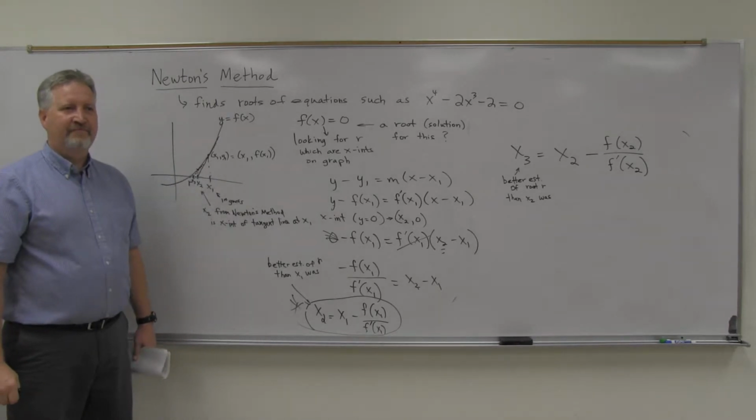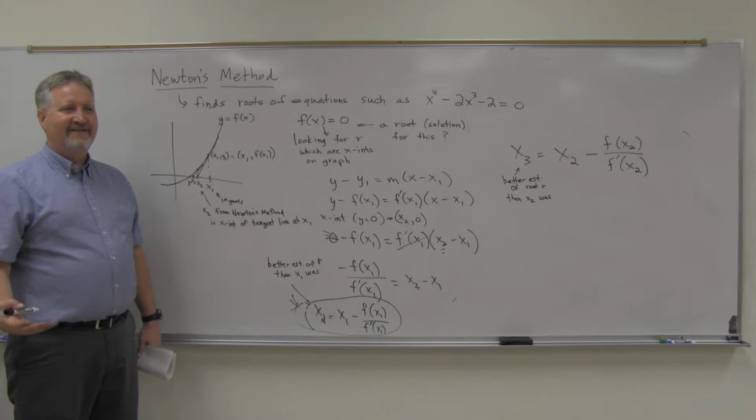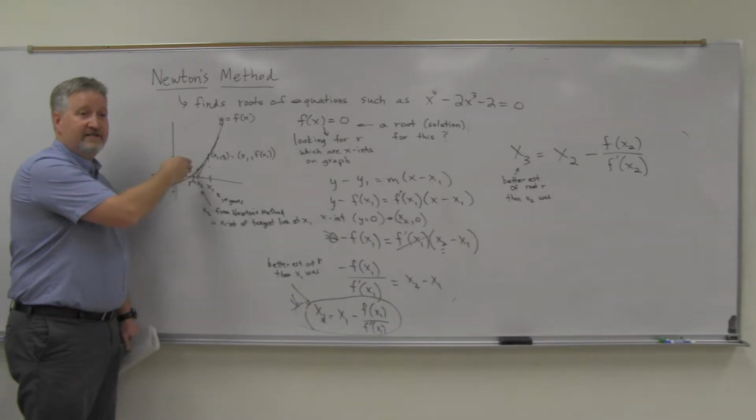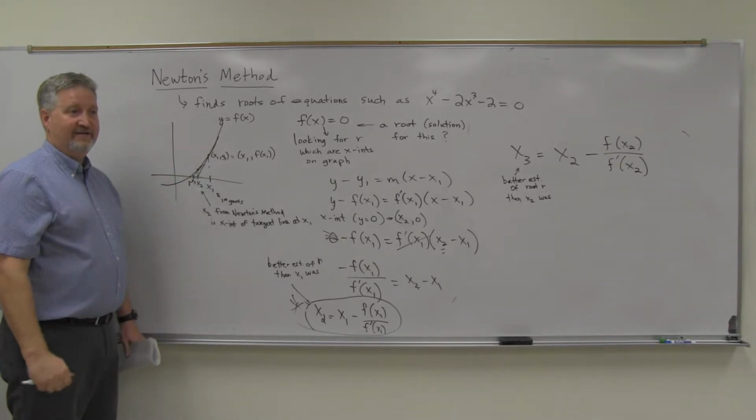See that? And so we could keep going and going here. I could get an x4. x4 then would be the x-intercept of the x3 point tangent line.